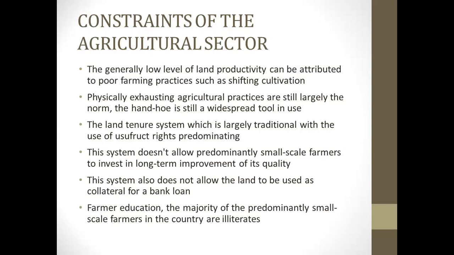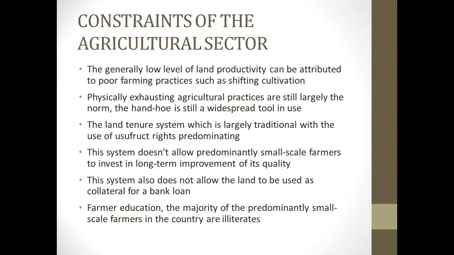Again, the land tenure system, which is largely traditional, with the use of usufruct rights predominating. Now, the problem is that these rights do not allow small-scale farmers to invest in long-term improvement of the land's quality. With the land tenure system, let's say in the rural areas, farmers have the right to use a land for a period of time and no more after that.